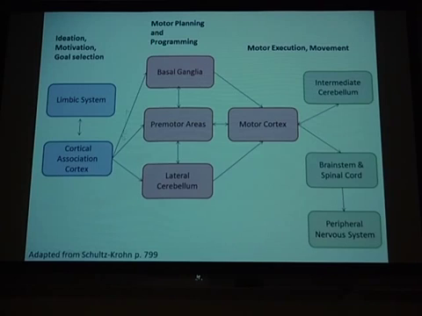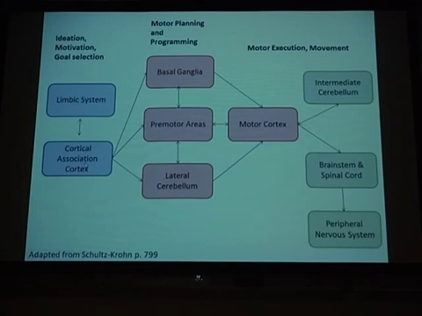Higher level centers, the limbic system, give us motivation to act. Our association cortices give us information about value. Remember we talked about taste and smell association cortices, the value of what we're going to do. How much do I want to move? What's the goal of my movement? That's what we're getting from higher level centers. Intermediate level centers like the basal ganglia, premotor cortex, cerebellum and motor cortex help us develop a plan.